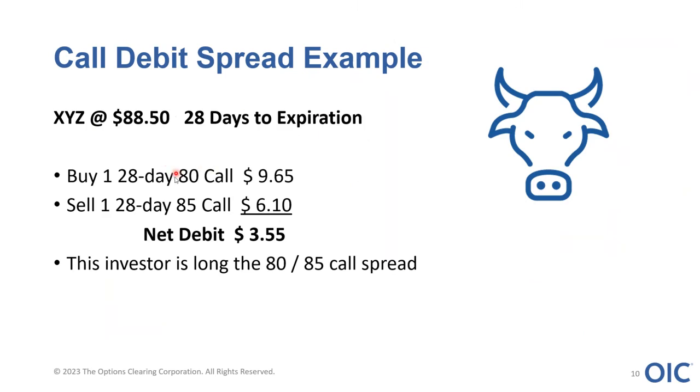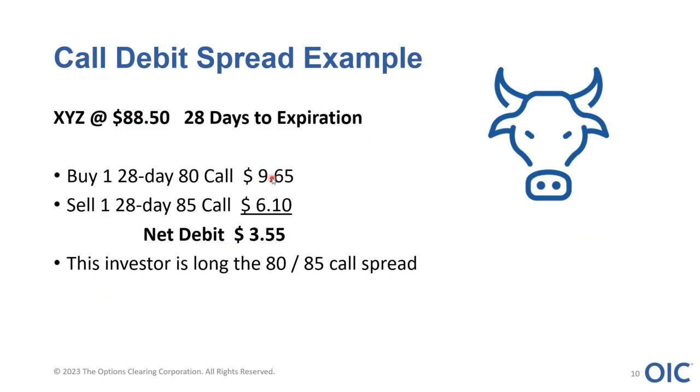And because they're calls and they are below where the stock is trading, that means both of these calls are in the money calls. What we are using here is the in-the-money call spread as the debit spread part of our spread to begin to build our call condor, our long call condor. And what you have here is the 80-85 call spread with the stock trading 88.5 for $3.55.